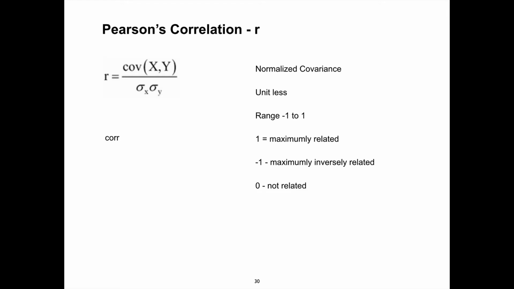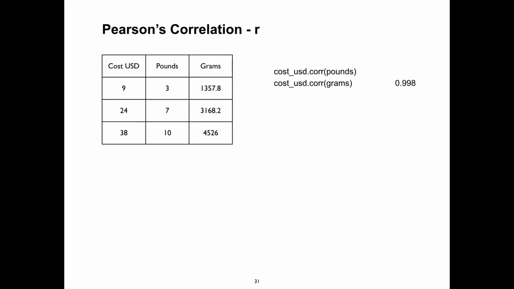It turns out that in Julia, it's cor with 1 R. And so calling it on either one gives us 0.998, which indicates that they're highly related, right? So far, so good.